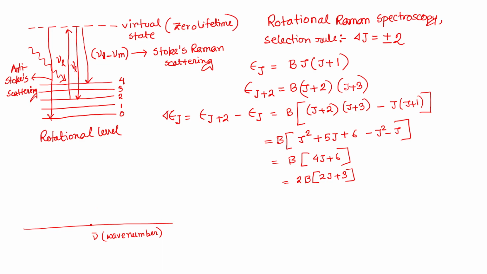Now see, for J equals 0 to J equals 2, let me show you one thing first.